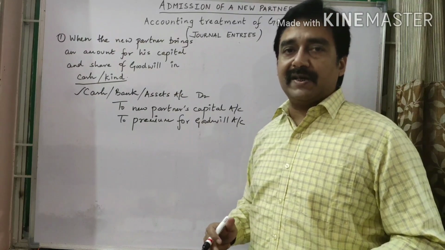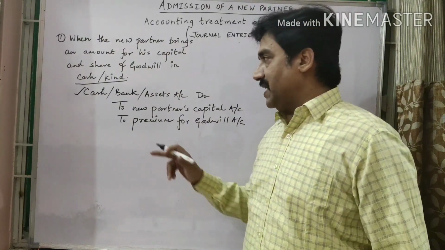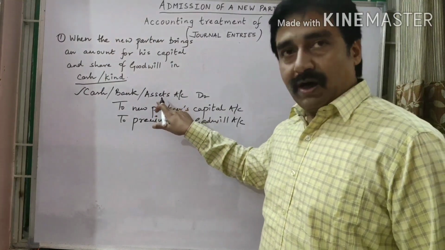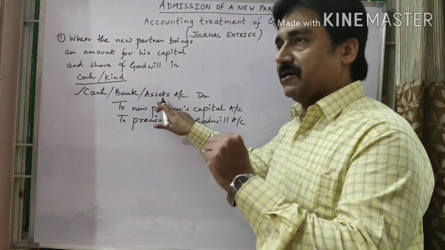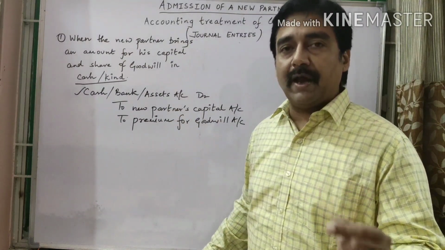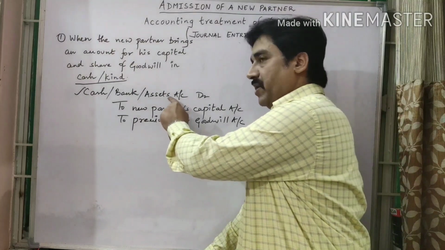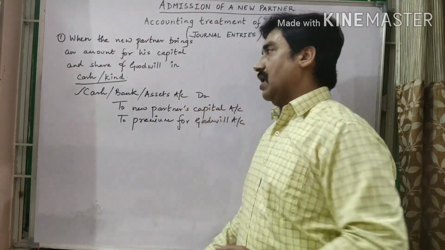Otherwise, if it is clearly stated that he is bringing those amounts in the form of other assets, the entry would be assets account debit. Not specifically assets account debit; you will mention the name of that asset. So if he is bringing machinery, the entry would be machinery account debit. If he is bringing stock, it would be stock account debit.